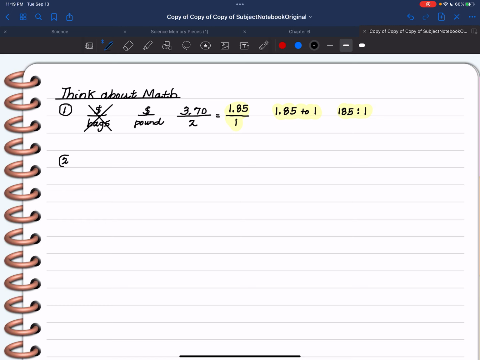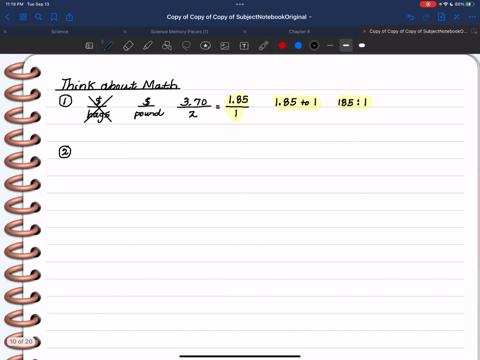Okay, number 2. A 10-ounce can of corn costs $1.88. What is the unit cost per ounce? Well, I could set up a ratio of dollars to cans, but that doesn't answer the question.